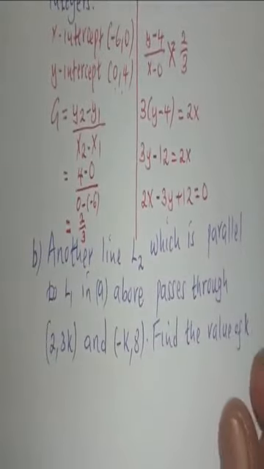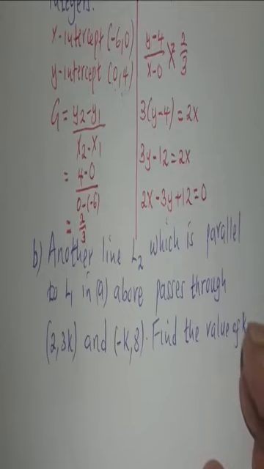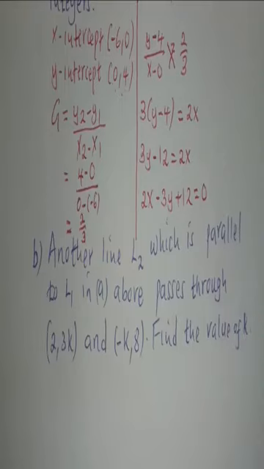Now for question B, another line L2, which is parallel to L1 in A above, passes through (2, 3k) and point (-k, 8). Find the value of k.